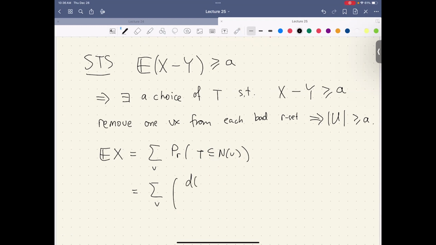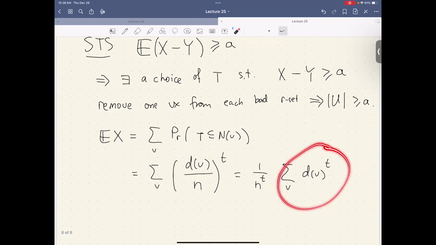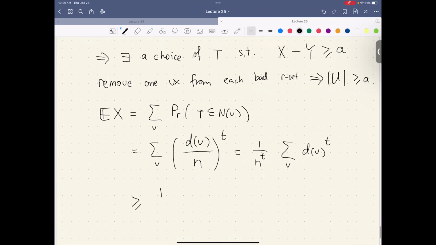So this equals d(V) over n to the t, which equals 1 over n to the t, sum over V of d(V) to the power t. This is a convex function. Now by convexity, Jensen's inequality, it's at least 1 over n to the t minus 1, the average degree, which is d to the t.